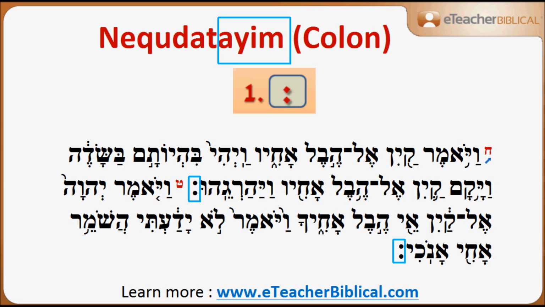So verse chet, which is verse number 8, opens here, ends here. Verse 9, which is tet, opens here, ends here. Now notice that the verses in Hebrew don't always accord with logic. Nevertheless, it would be very easy for you to find them by looking at those two dots.